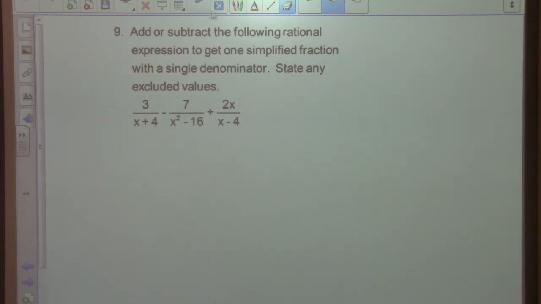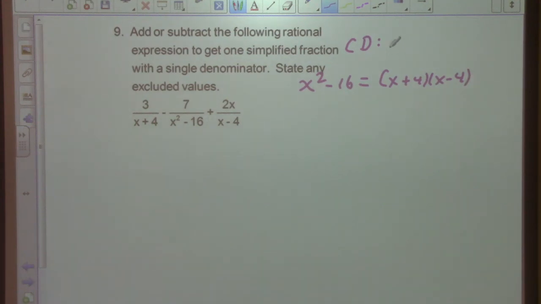Okay, for this one here, how would you do this one to get a common denominator? Well, you'd have to factor down the x squared minus 16, right? Yeah, and so x squared minus 16 is going to be x plus 4, x minus 4.